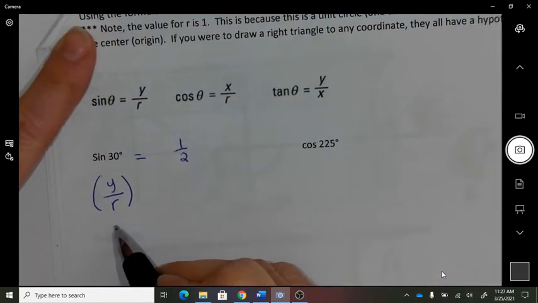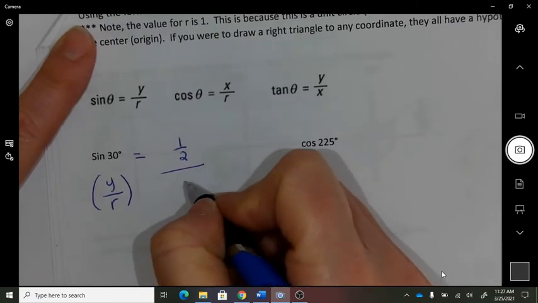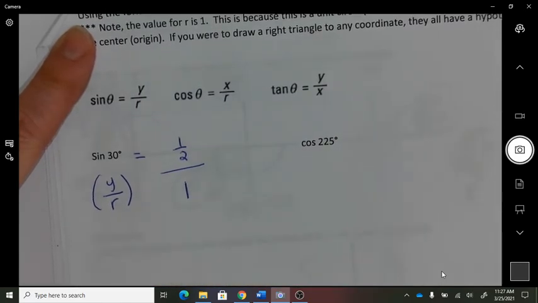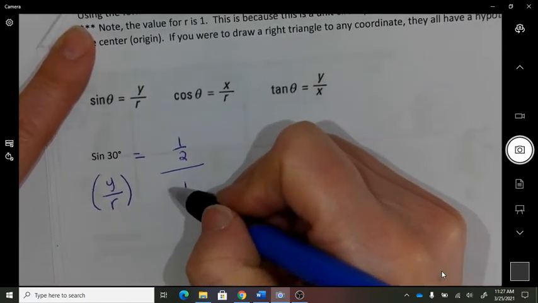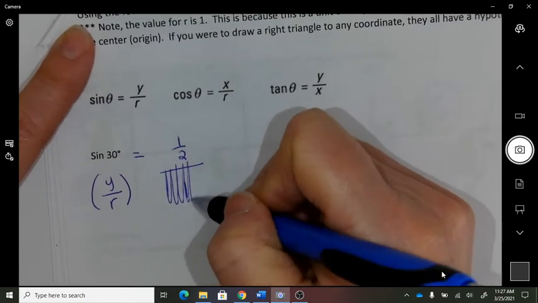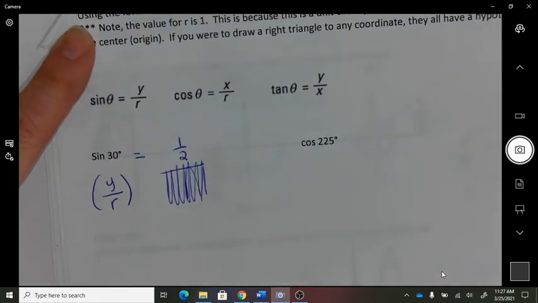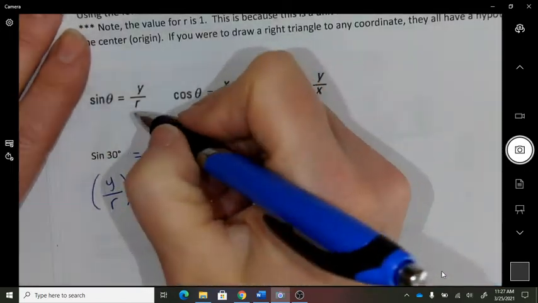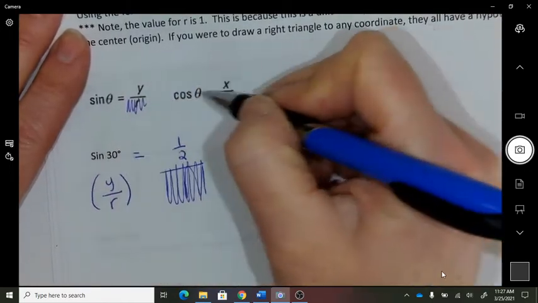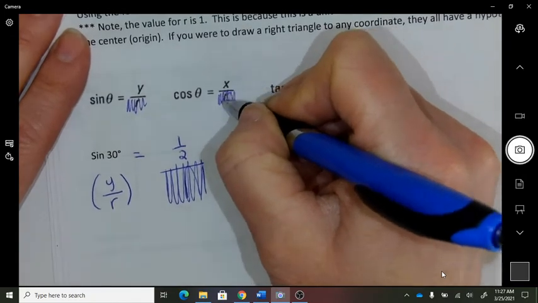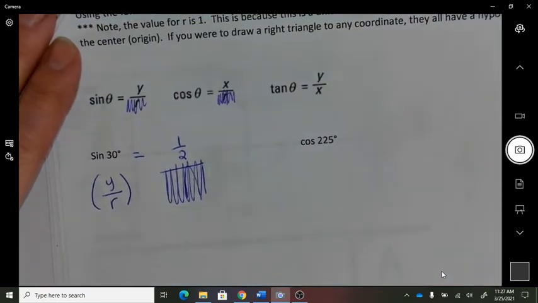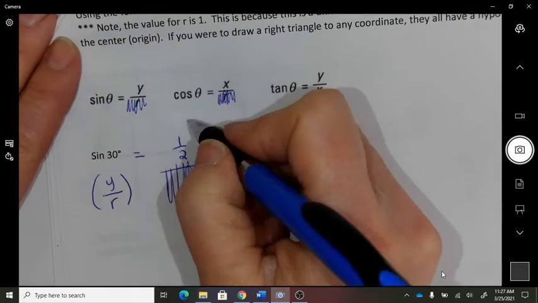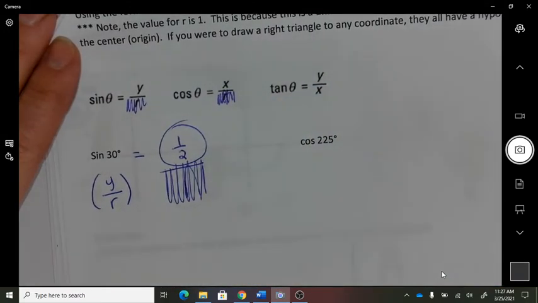And the r value, well, I already know the radius is 1. So in other words, I'm just not even going to talk about this r. On the unit circle, you don't even have to do the r, because when you're doing those values, you're dividing by 1. So this answer will just be 1/2.